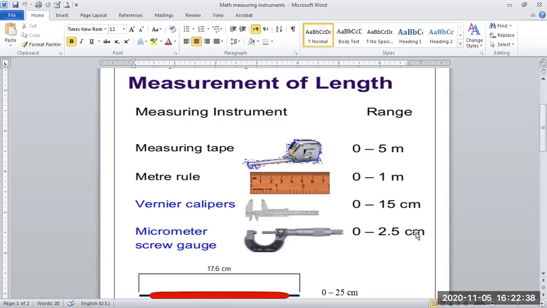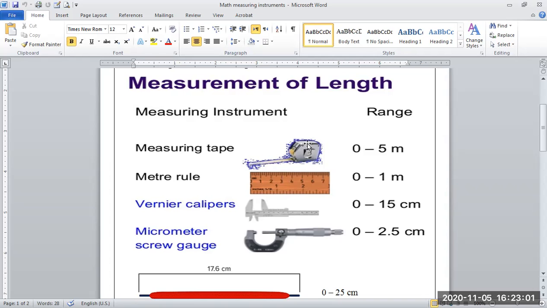For example, if we have a pen that we use to write, the diameter or the radius of that we measure with this. But now we don't use this in our science lab or any other places, I only show you the instruments that we use to measure.